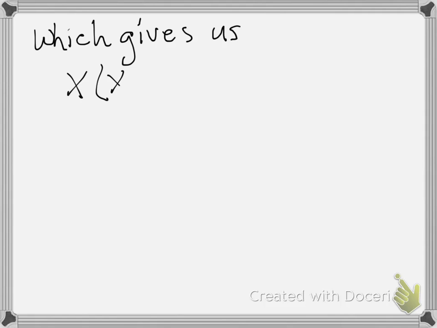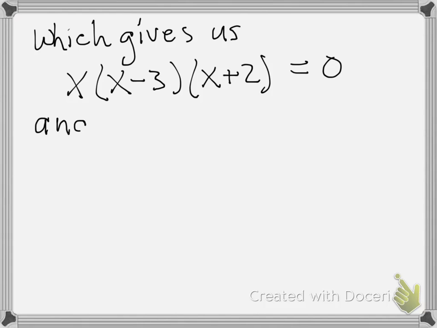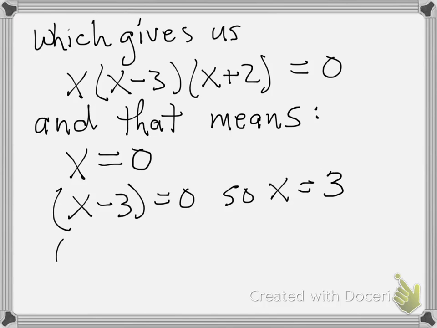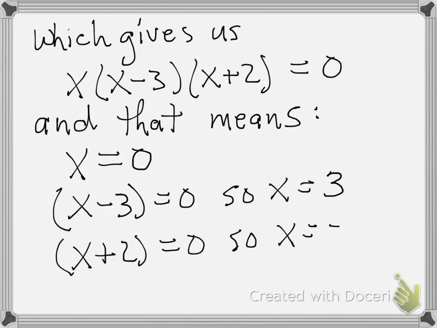So we've got x times the quantity x minus 3 times the quantity x plus 2 equals 0. So any one of those factors could be 0. So x is 0, or x minus 3 equals 0, so x is 3, and x plus 2 is 0, so x is minus 2.